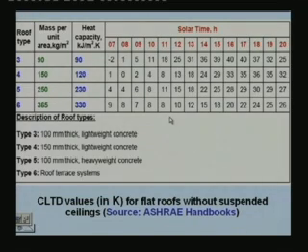This is the CLTD table for a flat roof without suspended ceilings, taken from ASHRAE handbooks. Here you have 4 different types of roofs, 3, 4, 5, 6, and the description of the roofs is given here.